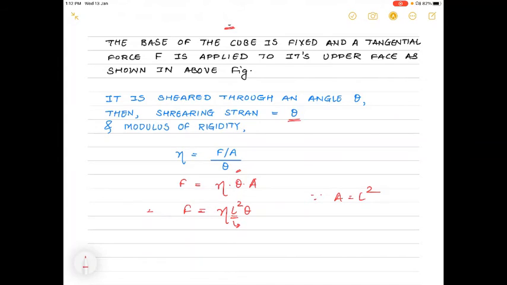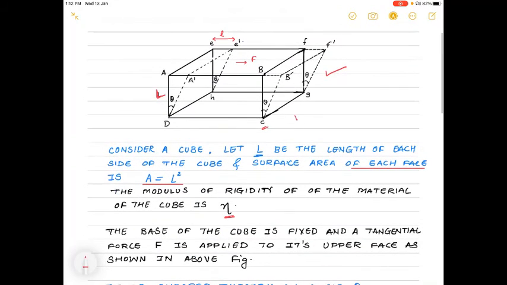Now from this figure, as we have shown earlier as well, theta is equal to small l by capital L. Actually it is equal to tan theta, but when theta is very small, we consider tan theta equal to theta only.